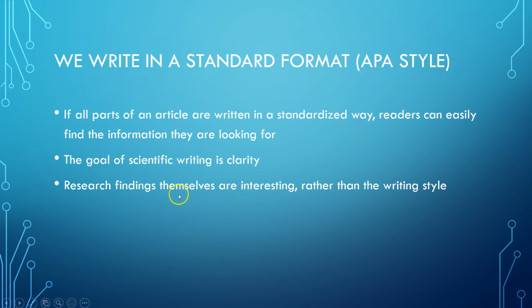So the research findings themselves should be interesting rather than the writing style. You'll see it's a pretty boring writing style, and while it's a lot to learn maybe in the beginning of this class, by the time we get to the end of the class, you'll be like, oh, we're writing this same sentence again in the exact same format. That's the goal, boring and clear.